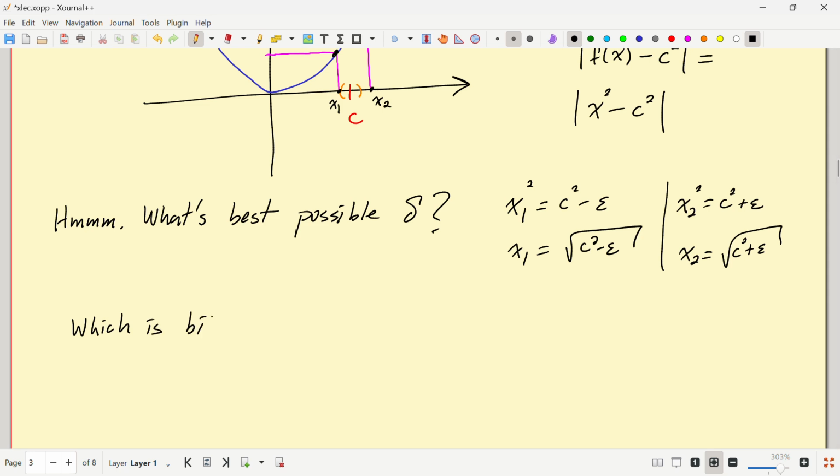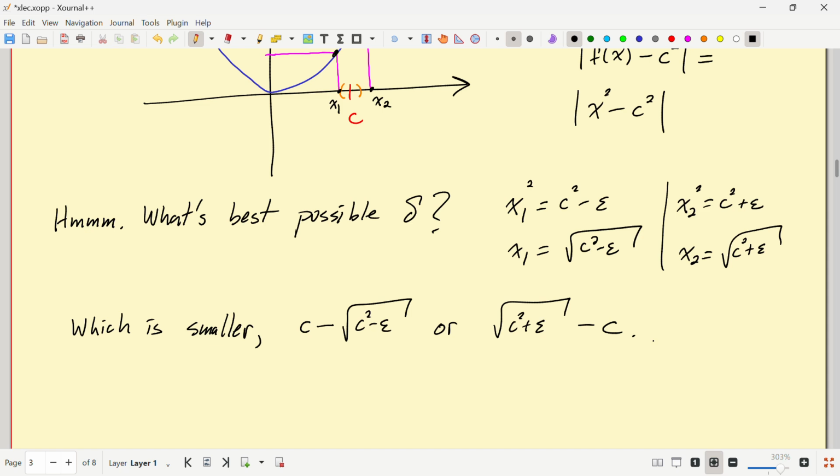I think I could do it. Which is bigger? Let's see. I guess I want to know which is smaller. The c minus the square root of c squared minus epsilon, or the square root of c squared plus epsilon minus c. Okay, I can figure that out, I think, maybe.